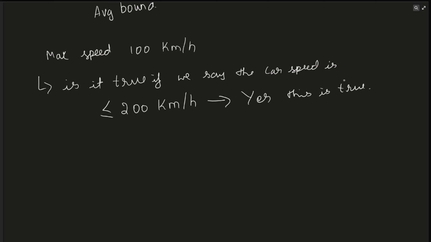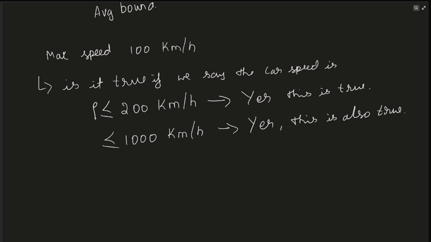Is it true if we say the car speed is less than or equal to 1000 km per hour? Yes, even this is true. But these two statements are misleading. The correct lowest upper bound is 100 km per hour. We can also say car's max speed is less than or equal to 200 km or less than or equal to 1000 km per hour. But the correct one is 100 km per hour, which is the lowest upper bound in this case.